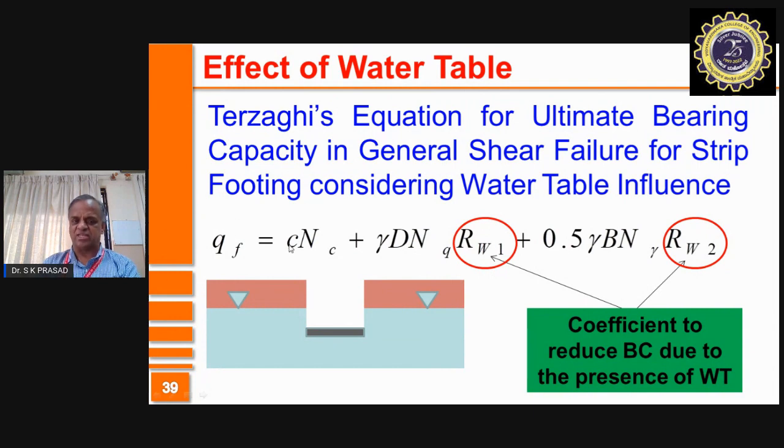And in sandy soil, cohesion C is 0. Therefore, QF quite likely will be equal to 50% of QF when the water table is at great depth. So, we should always remember that the presence of groundwater table is to reduce the bearing capacity.